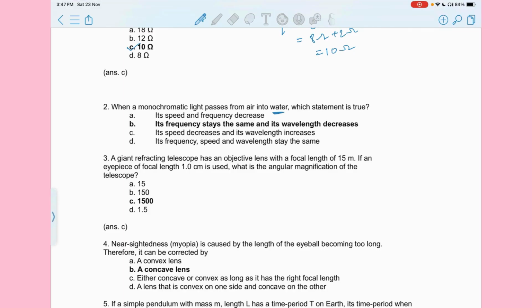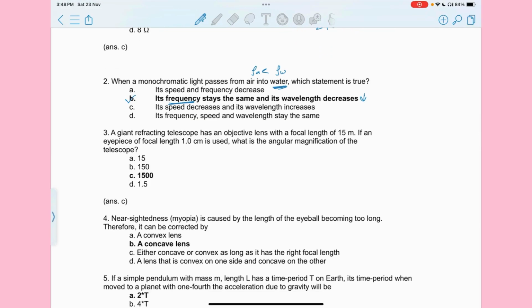Here, water is denser than air, and the frequency is an intrinsic property of the light, which remains the same even if the medium changes. But as the speed of the light decreases in water, with the frequency remaining the same, the wavelength will automatically decrease. So, option number B.